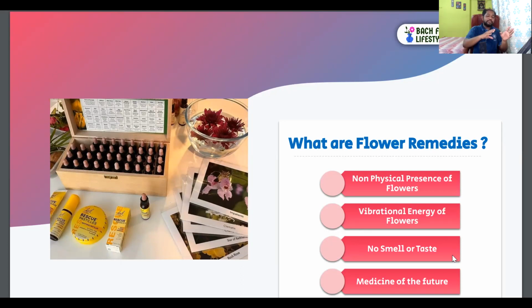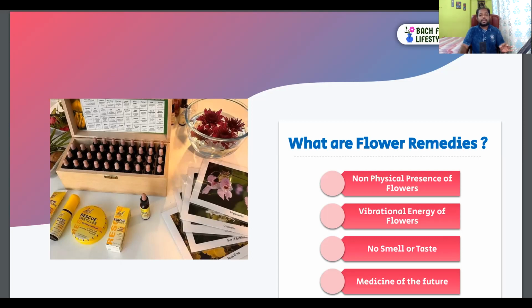Like homeopathic medicines, the way they are diluted into multiple forms, the Bach flower remedies are also diluted and specially used in terms of mental state.